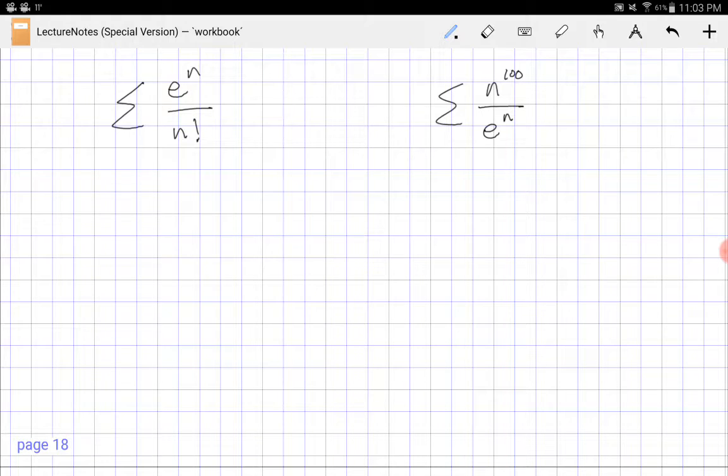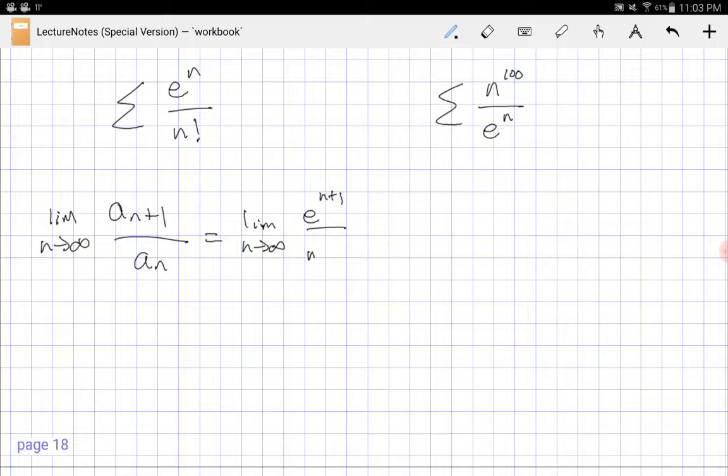So at this point, I'm going to use the ratio test, which says limit as n goes to infinity of a n plus 1 over a n. And so this is equal to limit as n goes to infinity of e to the power of n plus 1 over n plus 1 factorial divided by a n.